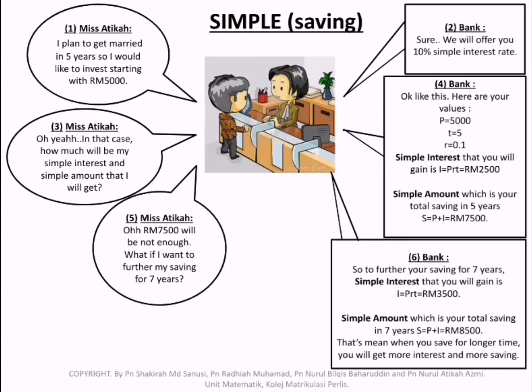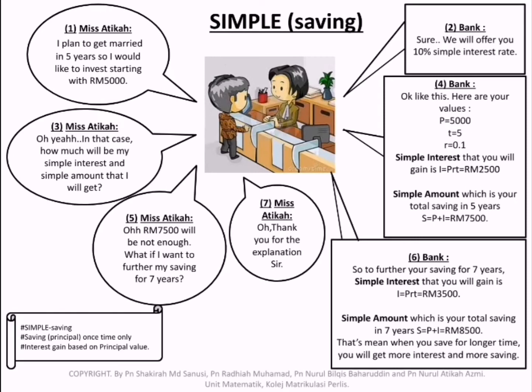Your simple amount, which is your total saving in 7 years, S equal to P plus capital I, is RM 8,500. That's mean when you save more longer time, you will get more interest and more saving. Oh, I see. Thank you for your explanation, sir. You're welcome.